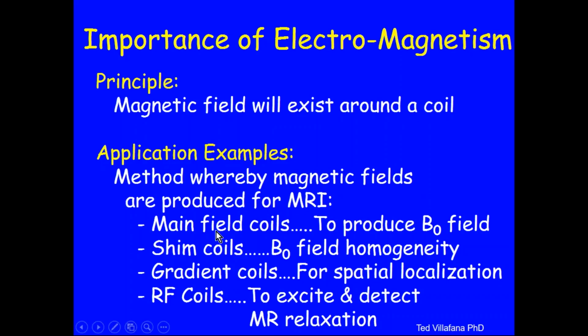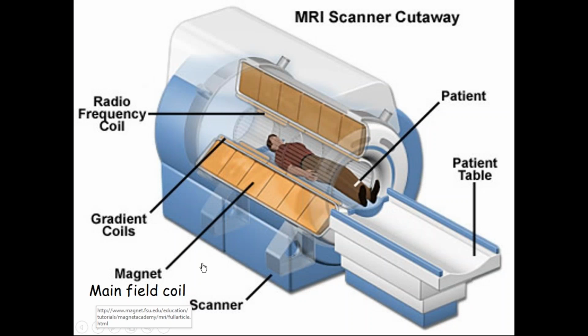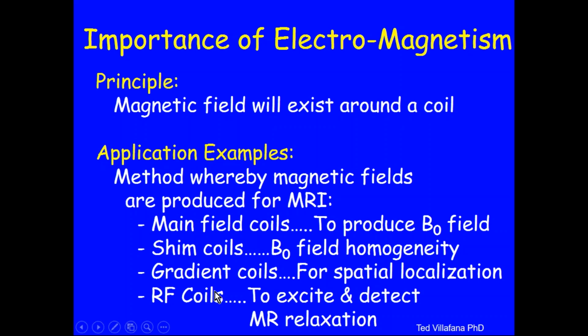I've also listed 3 other areas where we use coils. The next most likely one that you've come across is the so-called RF coils. Those are your head coils. Those are your body coils. Those are your surface local coils.